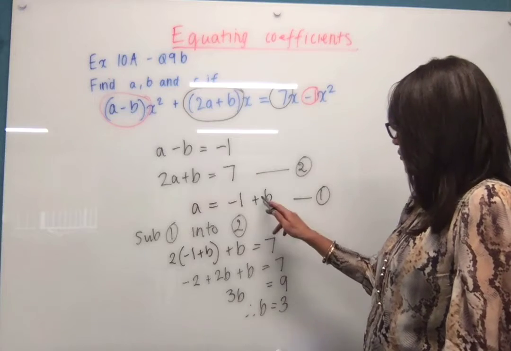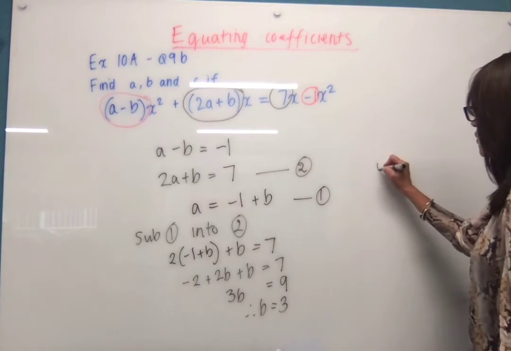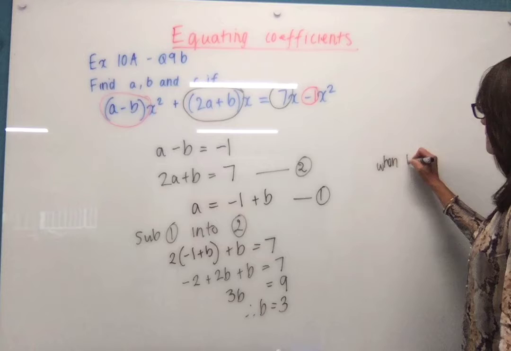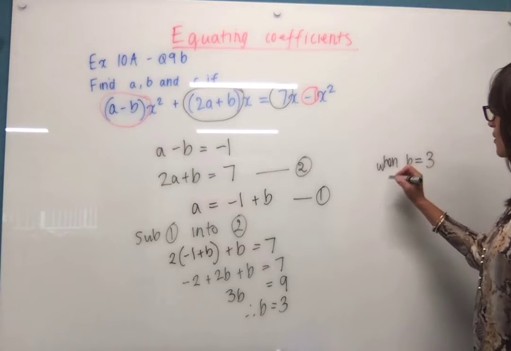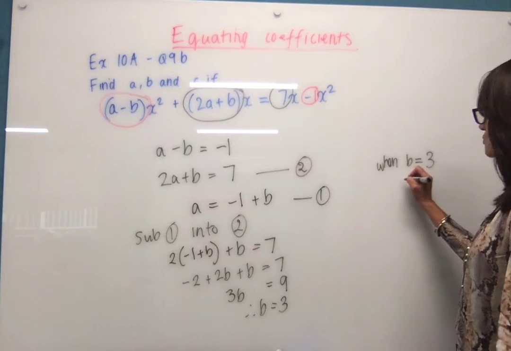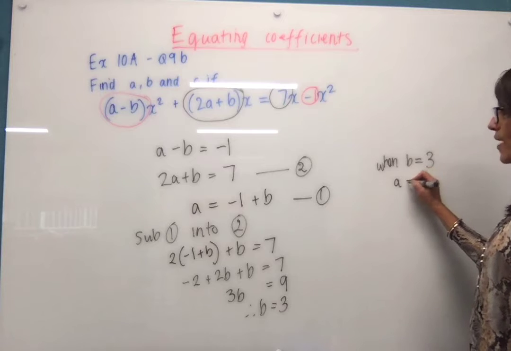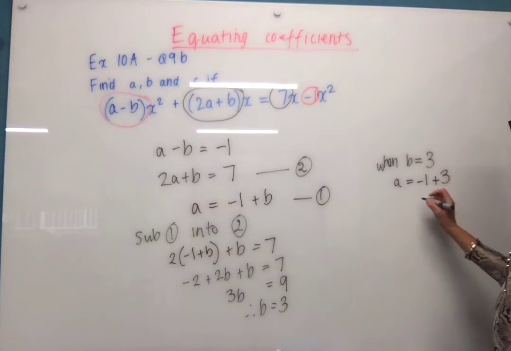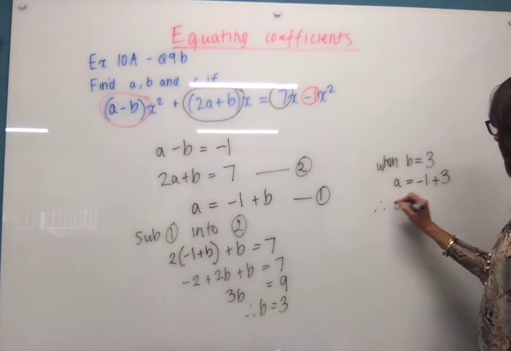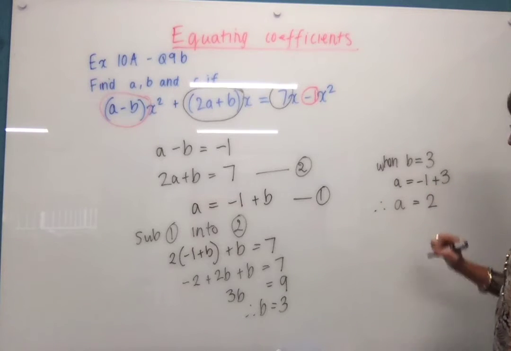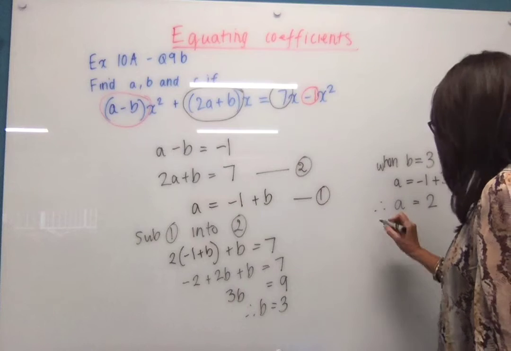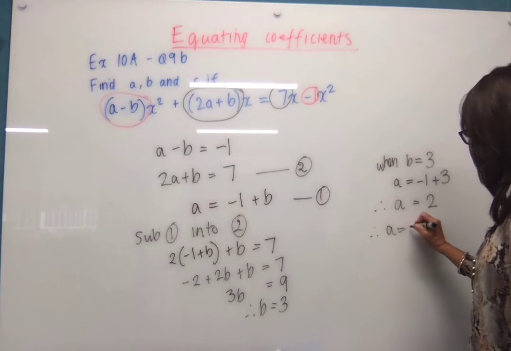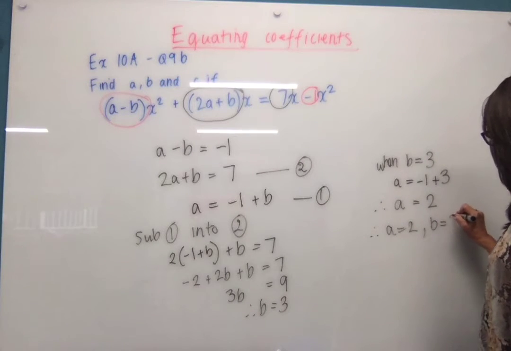Now, if we go back to equation number 1, when b equals 3, we're going to substitute that into equation number 1, and we know a is -1 plus b, which is 3. Therefore, a is 2. So now I know, therefore, a equals 2 and b equals 3.